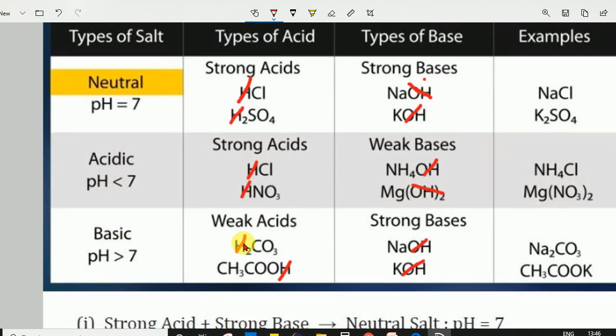Thus, the salt sodium carbonate which is formed has a small amount of H ions, and OH ions are also there. Therefore, sodium carbonate, which in next topics we will read about as washing soda, has OH ions also. Thus, it is a basic salt.